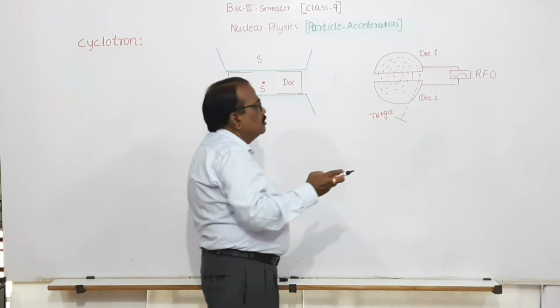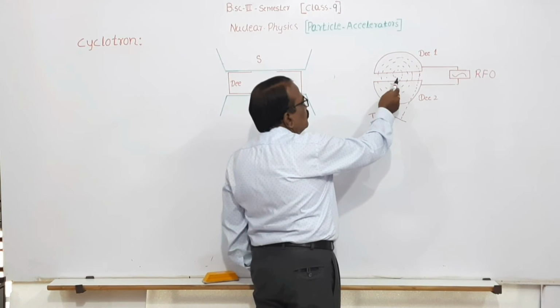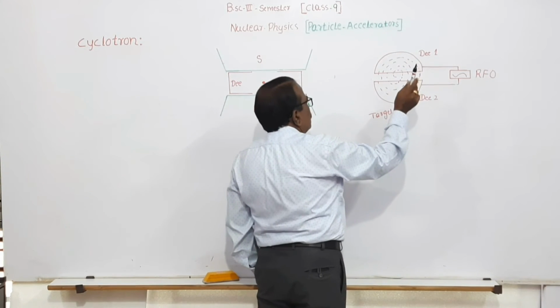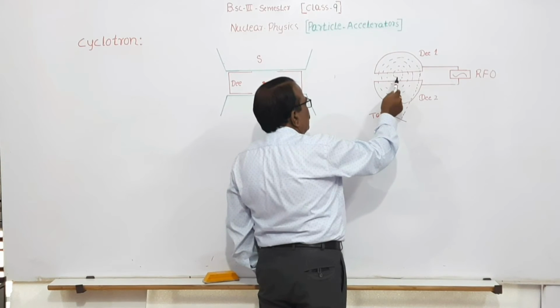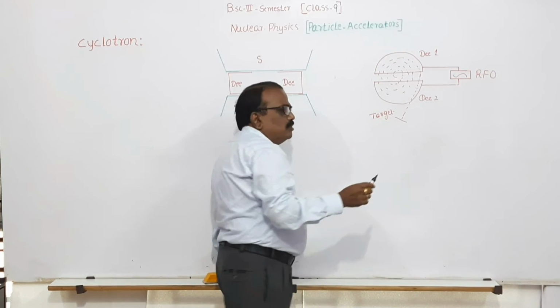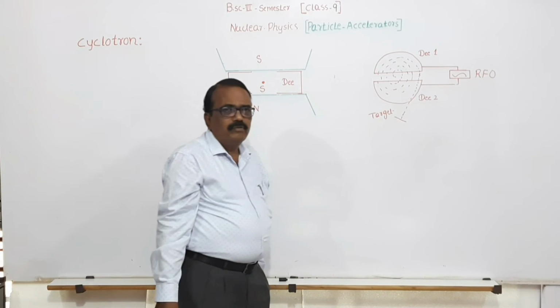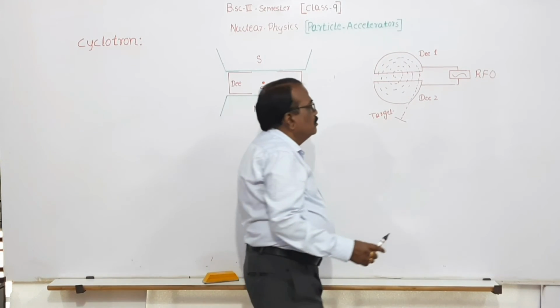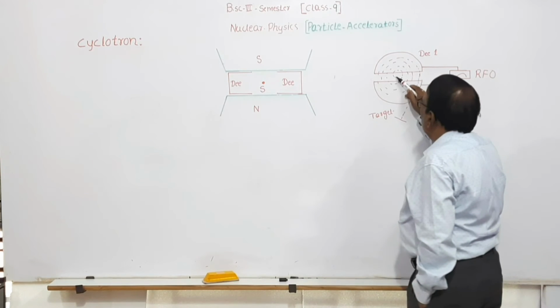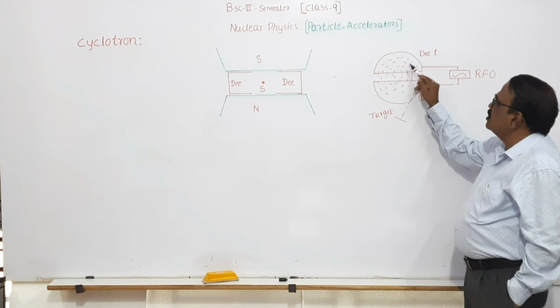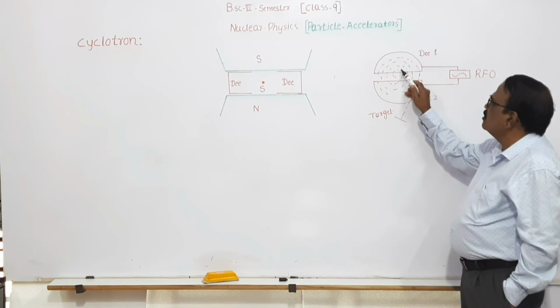As soon as this ion is ejected from the source, the frequency of this RF is adjusted in such a way that D1 is negative and D2 is positive. Since this is a positive ion, if this becomes negative, it is suddenly accelerated towards D1.